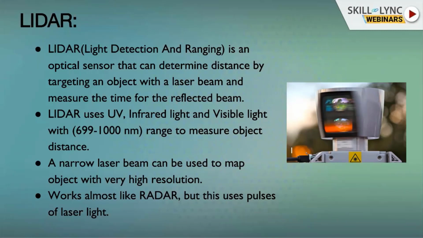And the LiDAR usually works in the UV, infrared, and visible light range. So it is a narrow laser beam. That's the introduction part, and how it works better than radar, because radar and LiDAR have almost the same functionalities, but I will explain how it is better in the previous slides and next slides.